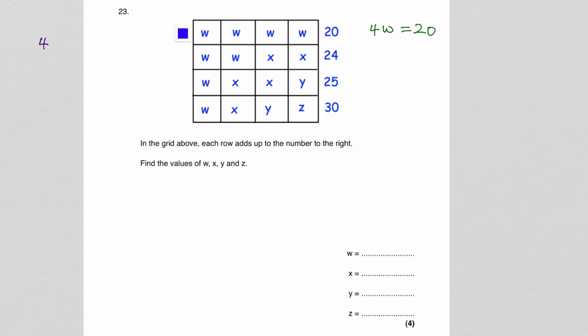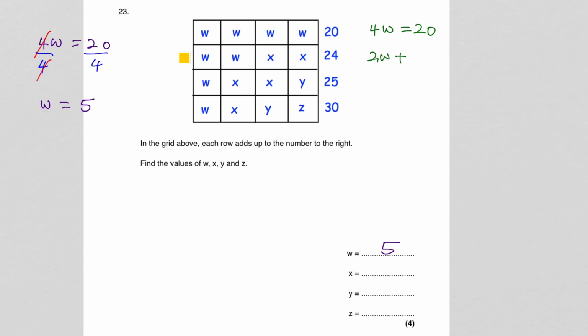If I divide both sides by 4, then the 4s cancel out. Therefore, w equals 5. So w is 5.